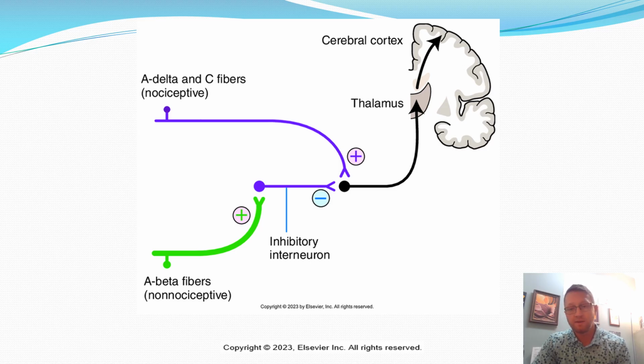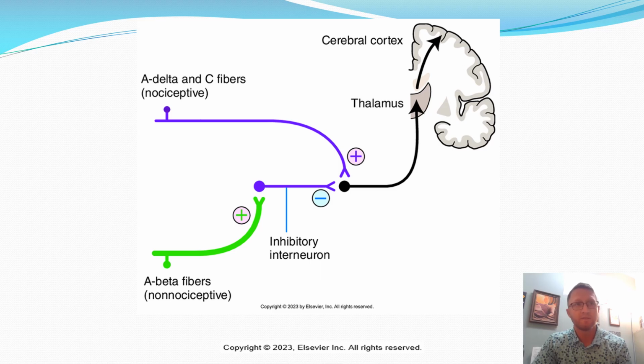So what happens during the gate theory of pain control is we are going to try to stimulate these A beta fibers through that non-noxious stimulus, our soft touch, our electrical stimulation, and it's going to really promote this inhibitory neuron to deregulate that system from the nociceptive system, okay? So we're basically closing the gate here.